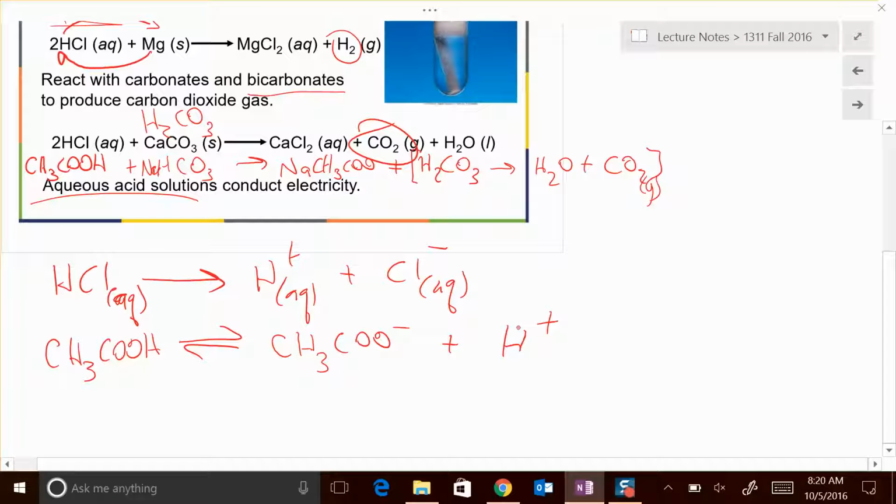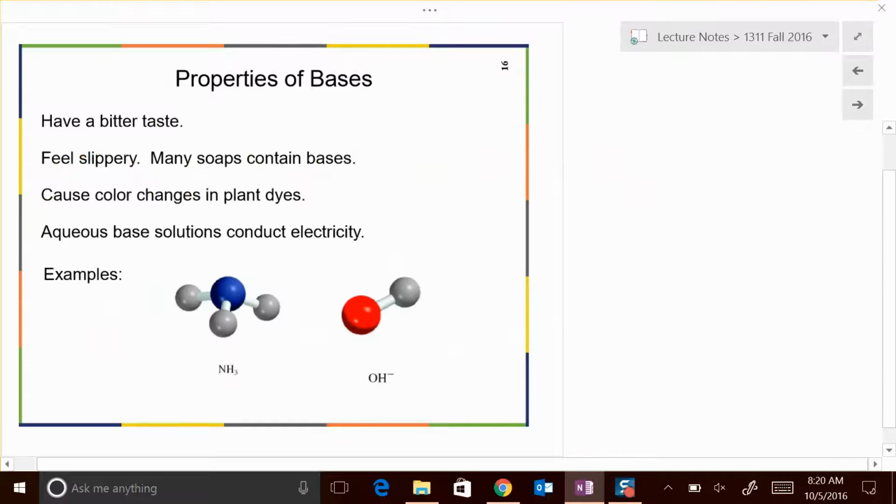Weak acids or weak electrolytes have only a partial ionization of that hydrogen coming on and off. Okay? So that's why this one would conduct electricity better than this one at the same concentration. At the same concentrations, this would have more ions present and therefore would conduct electricity better than this one. Okay? Which is a weak acid, weak base.